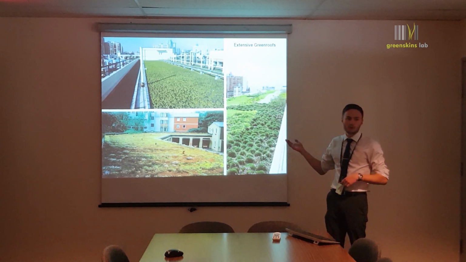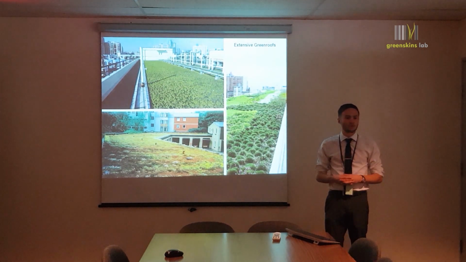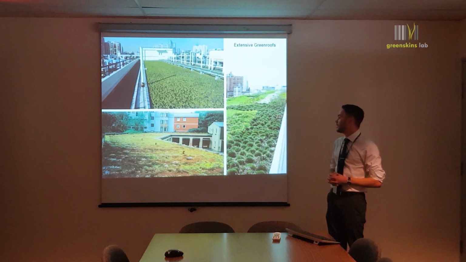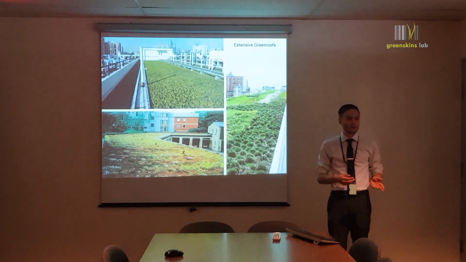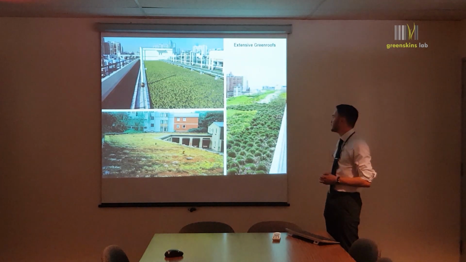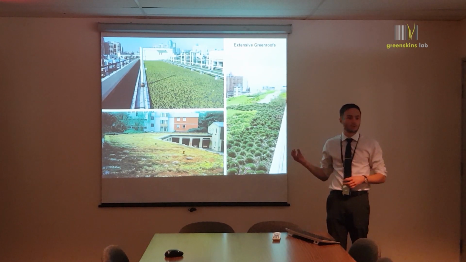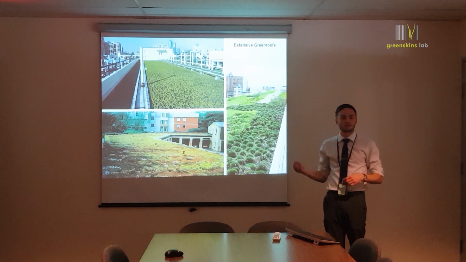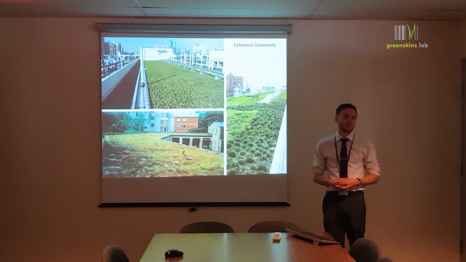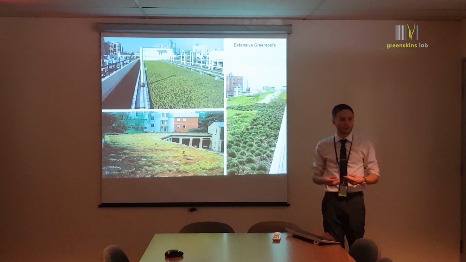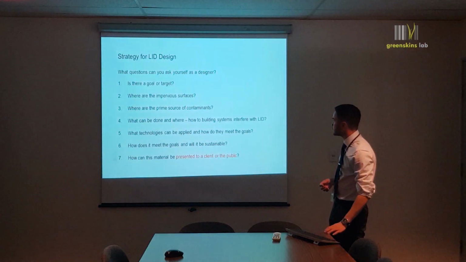So very simple things such as just putting soil down can have a huge impact on urban environments. There are a variety of other types of roofs that can be publicly accessible or non-accessible, with what we refer to as sedums primarily for the vegetation, as they can deal with many different types of climates. Whether it's quite wet or dry, we find that they are durable in many circumstances.